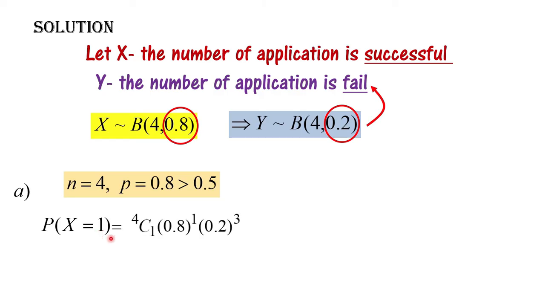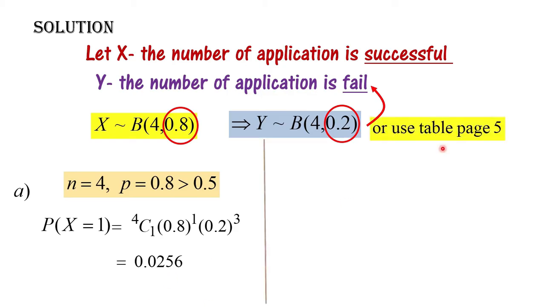If you want to use the binomial formula, it is given as 4C1 times 0.8 to the power of 1, q that is 0.2 to the power of 3, where n is 4. And you have the answer 0.0256.